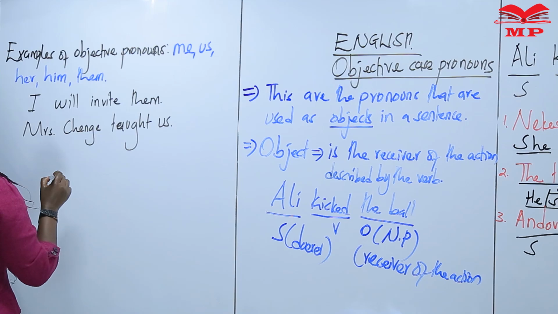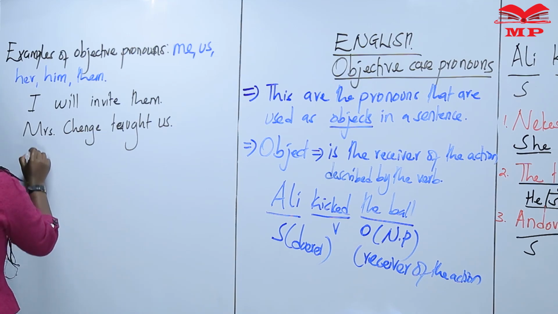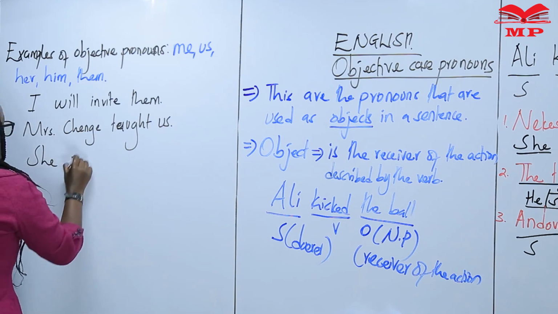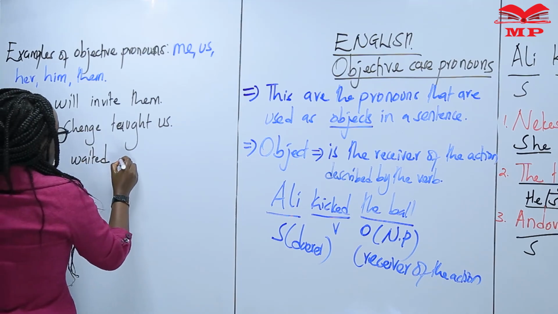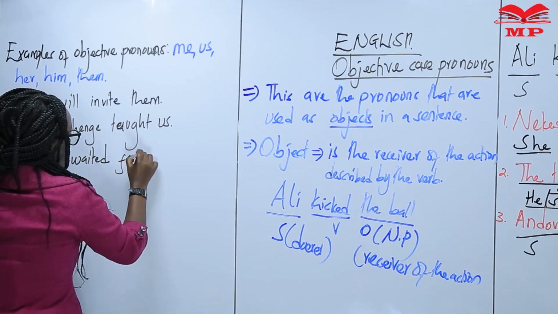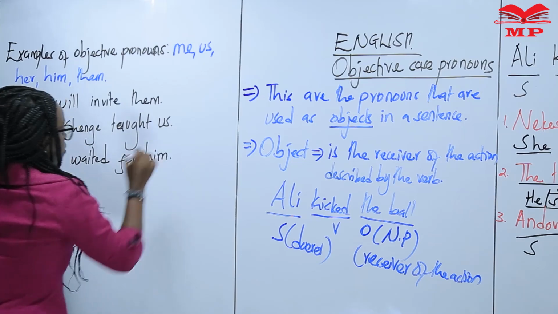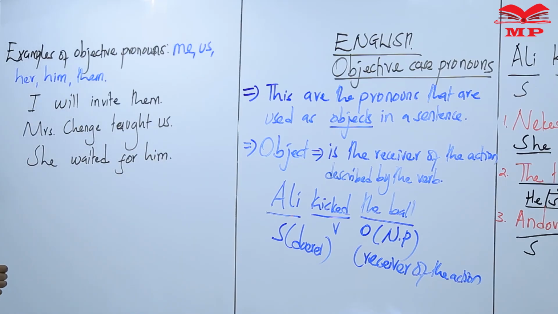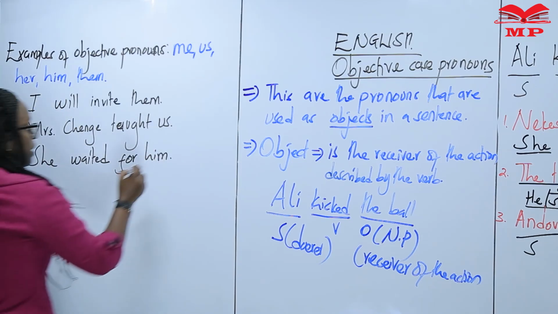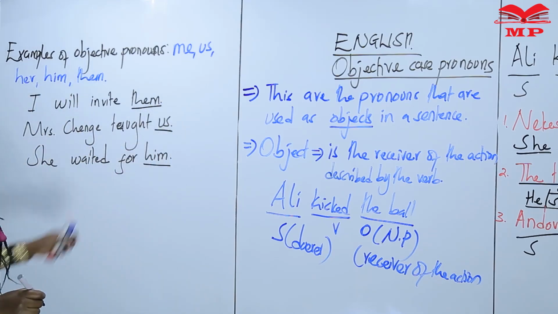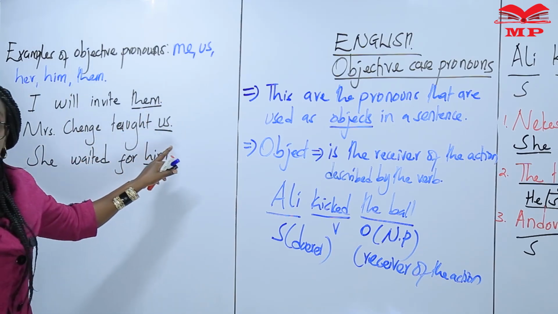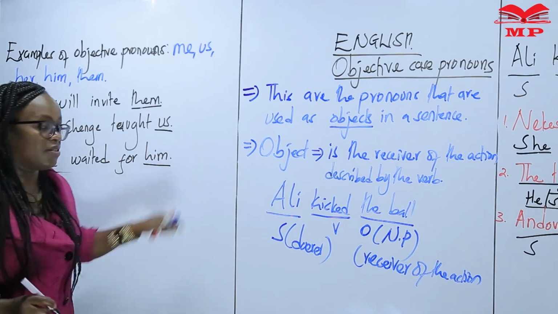Then we could also have, she waited for him. Look at those sentences. Him, us, and them are all pronouns, but one thing they have in common is that they are objective pronouns.